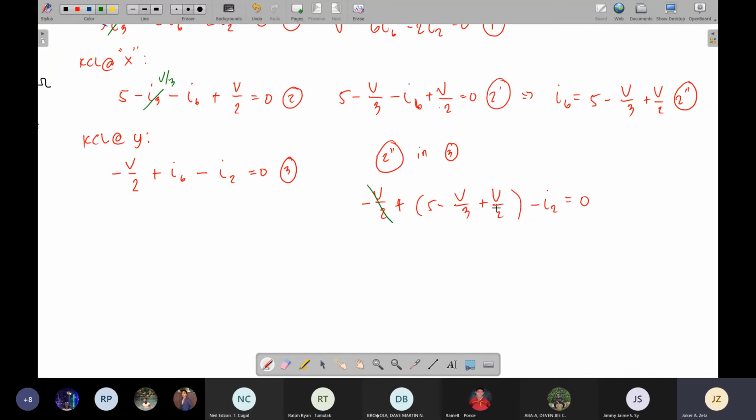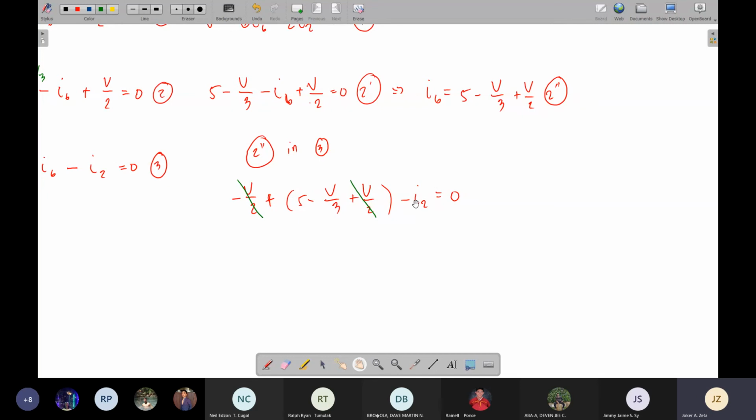Negative V over 2 ug positive V over 2. So may bilin, okay? May bilin 5 minus V over 3 minus I2. I-transfer ko ni sa pikas. Okay? This becomes I2 is equal to 5 minus V over 3. So, let's call this equation number 4.